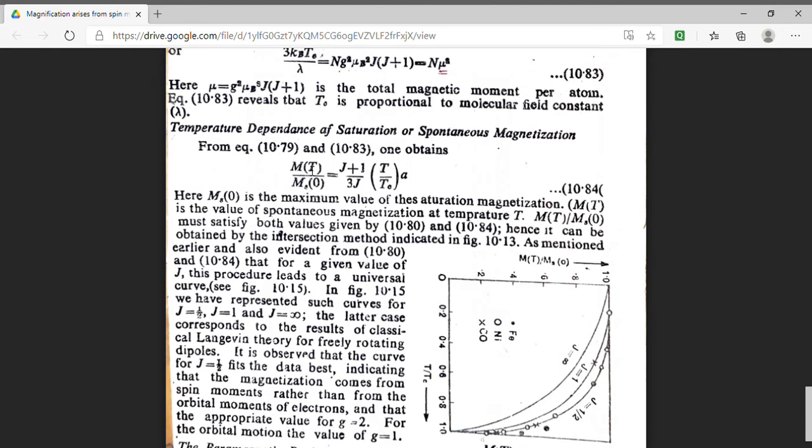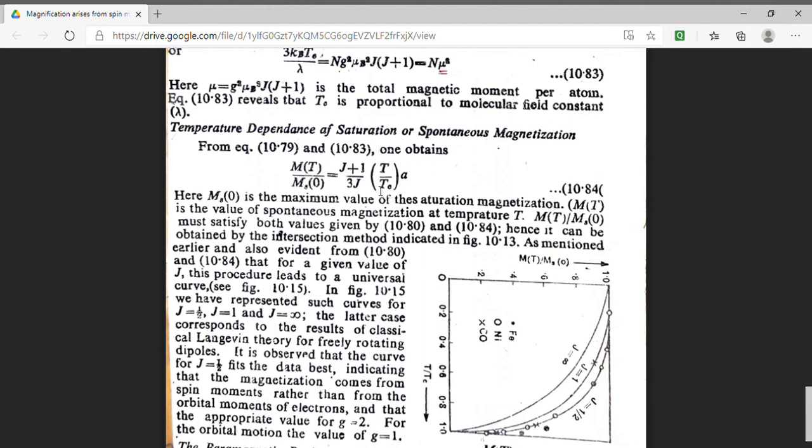This shows that magnetization depends on temperature, and Ms0 is the maximum value of saturation magnetization, which we can say is the maximum value of spontaneous magnetization, and J is the total quantum number, T is a particular temperature and Tc is the Curie temperature.